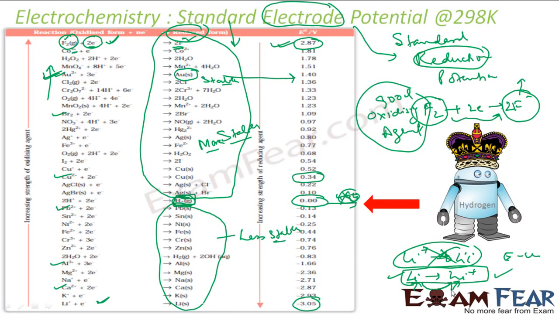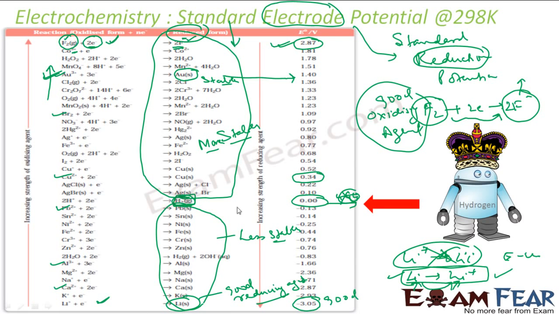That means lithium is a good reducing agent. Correct? Lithium is a good reducing agent. This guy I'm talking about. Good reducing agent. Correct? Hope you understand what I'm trying to say.